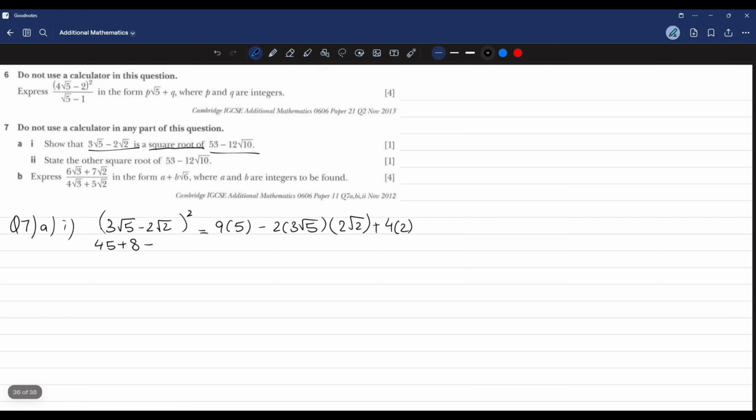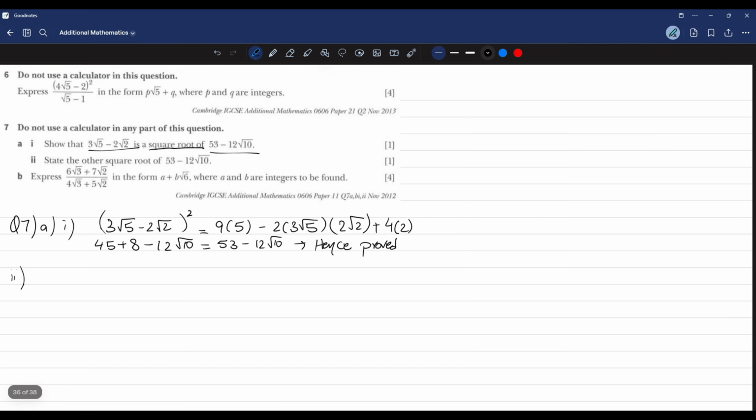Minus 2 times 3 is 6, 6 times 2 is 12, the 12 under root 10. Now let's simplify this. 45 plus 8 is equal to 53 minus 12 under root 10. So hence proved that this is a square root of 53 minus 12 under root 10, because upon squaring that value, we do get 53 minus 12 under root 10.